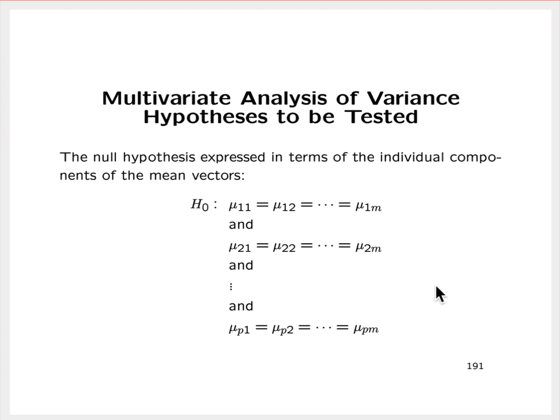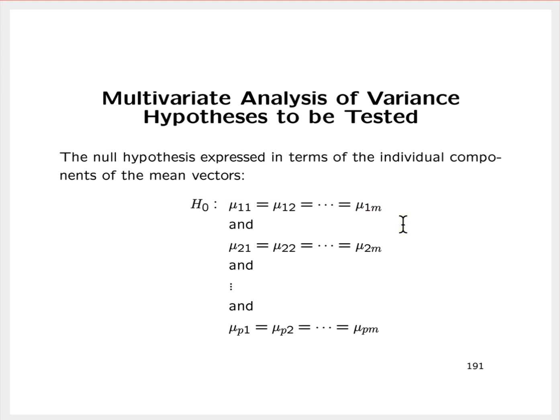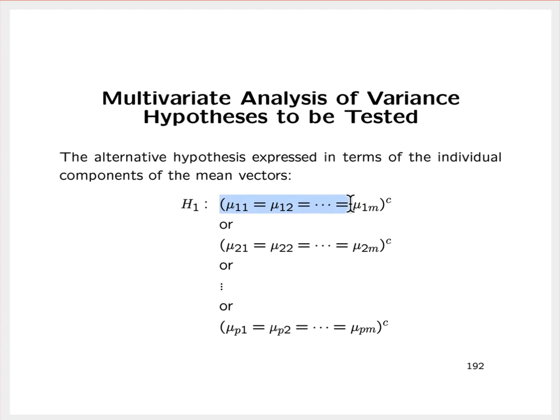If we think of the null hypothesis in this way, then we can think of the alternative hypothesis, which again is the logical complement of the null, in the following way. Now, I am expressing the complement of this statement here using complement notation that you might be familiar with from your first methods classes.